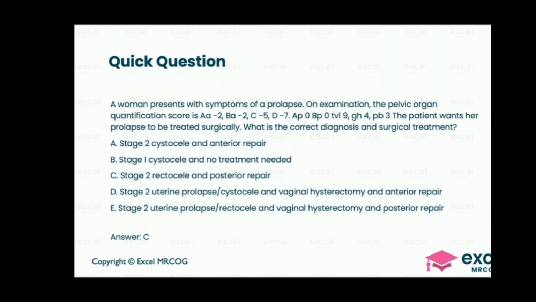Yes, the answer is C, because again AP and BP have come down. TVL is 9 and D is -7, so ideally D should have been -9. There is some degree of vault descent as well. But the major problem here is the posterior one because it has significantly come down. AP has come to 0, that means at the hymen.